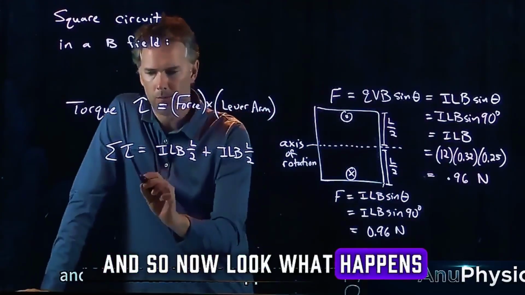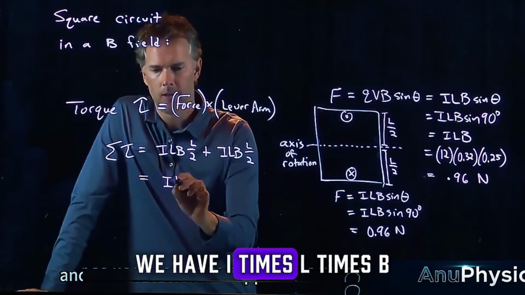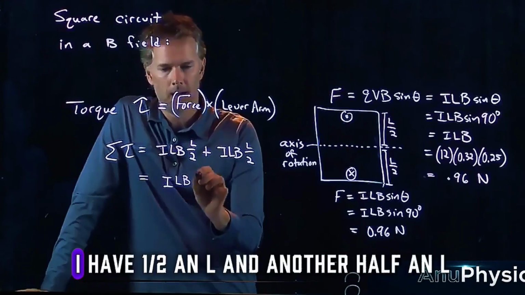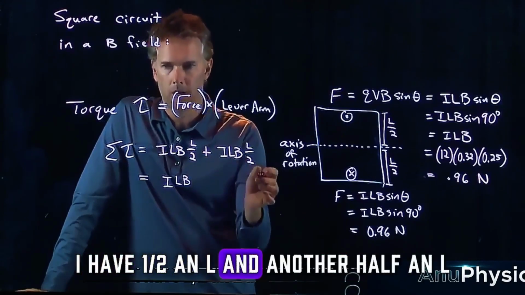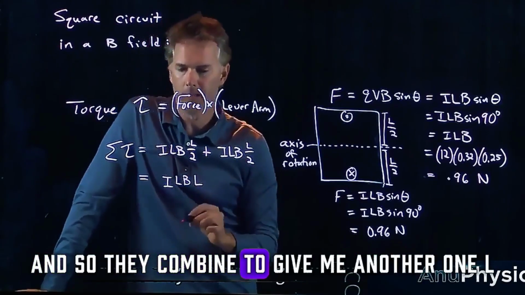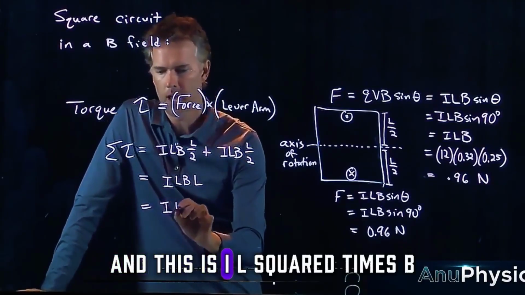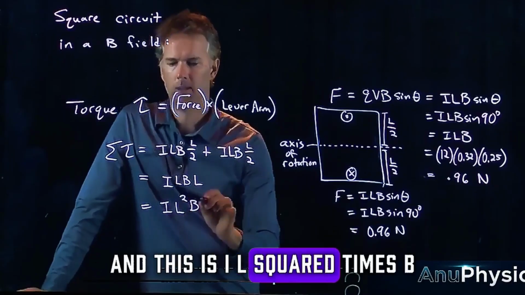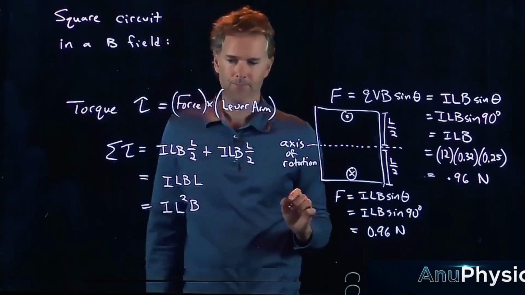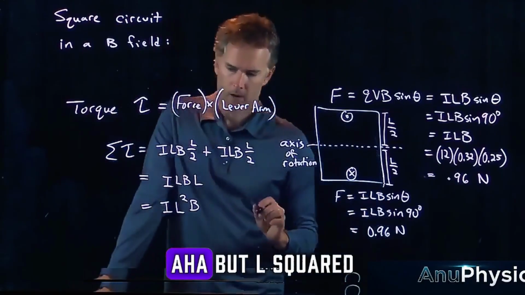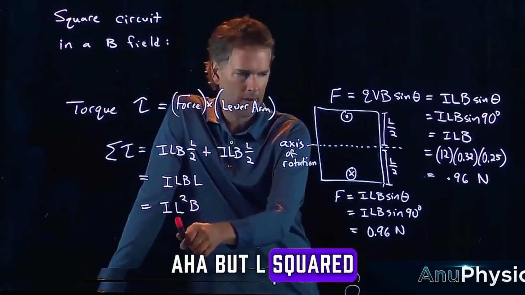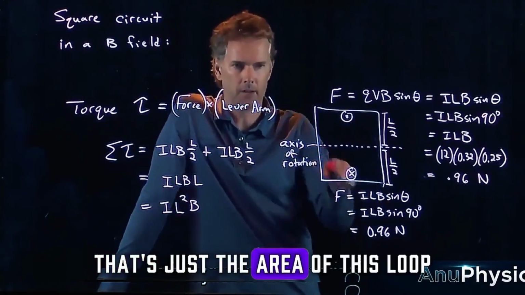And so now look what happens. We have I times L times B. I have a half an L and another half an L. And so they combine to give me another 1 L. And this is I L squared times B. Aha! But L squared, that's just the area of this loop.